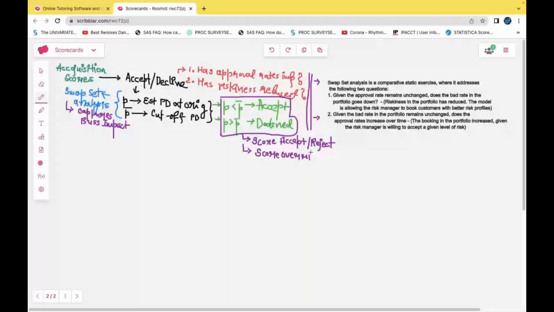So what is the concept of overrides? Score overrides play a very important part in the risk management exercises.